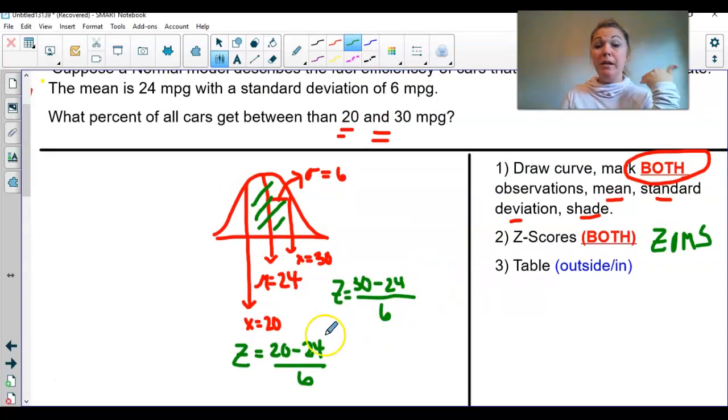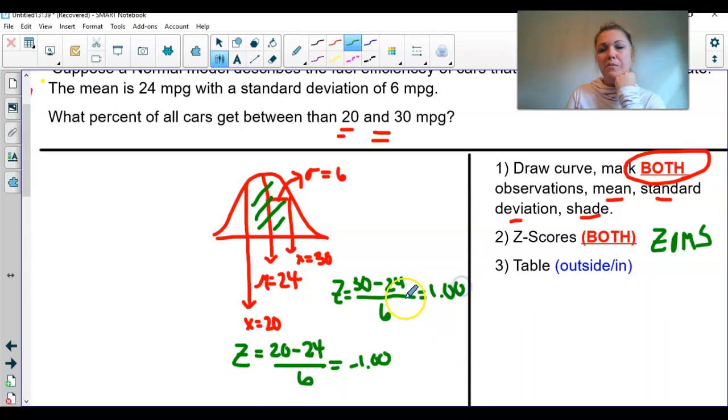Okay, ladies and gentlemen, we're going to find that z-score now. And this one you can do in your head pretty easily. This one gives you negative 1.00 and 1.00, because negative 6 divided by 6 and 6 divided by 6.